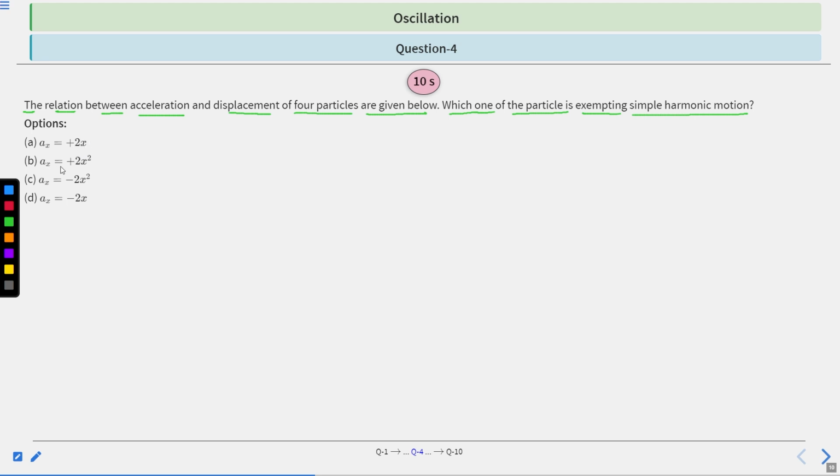Option B, a equal to plus 2x square. Option C, a equal to minus 2x square. And option D, a equal to minus 2x. So which option is correct? A, B, C, D. You have 10 seconds to solve this question. After 10 seconds, we will provide the solution.